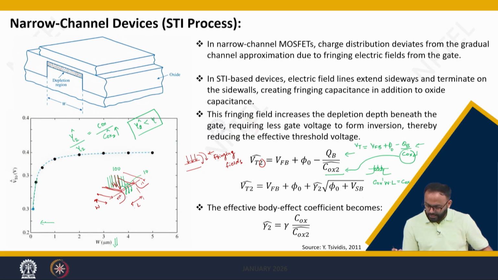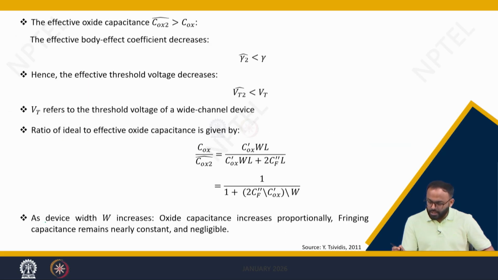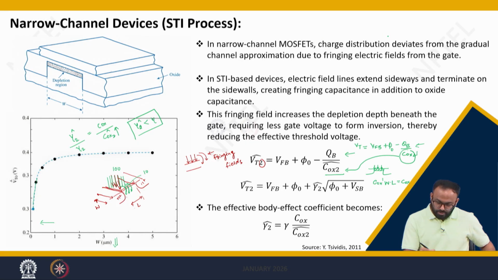We can simply relate the ratio of COX per COX cap in this STI process, where STI stands for shallow trench isolation. In shallow trench isolation, we actually provide the boundaries of oxides, and hence the depletion region will form only beneath the gate.